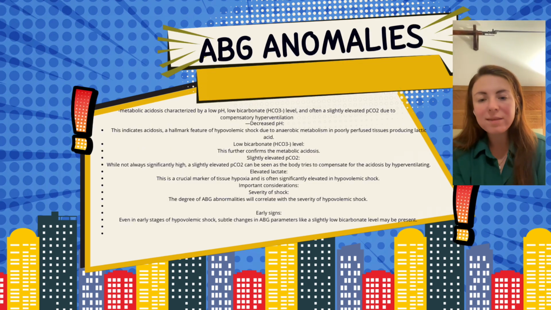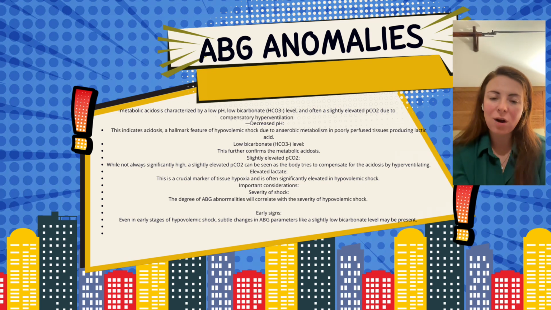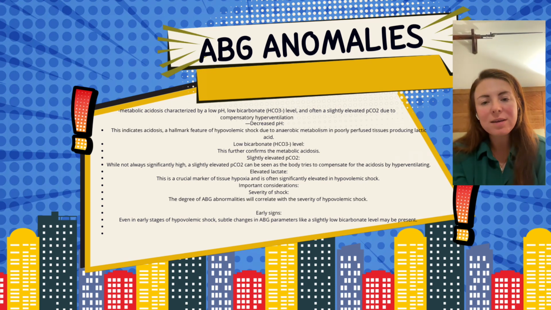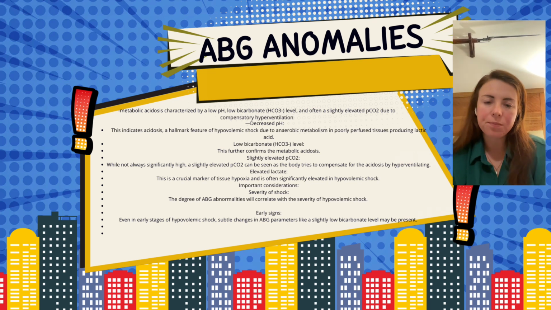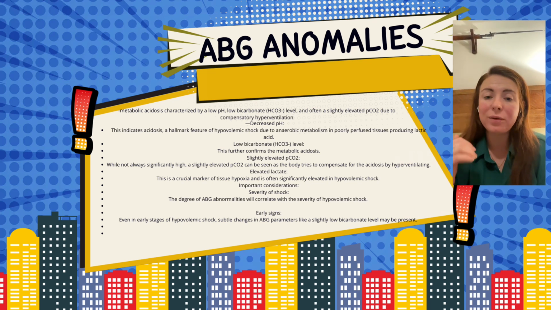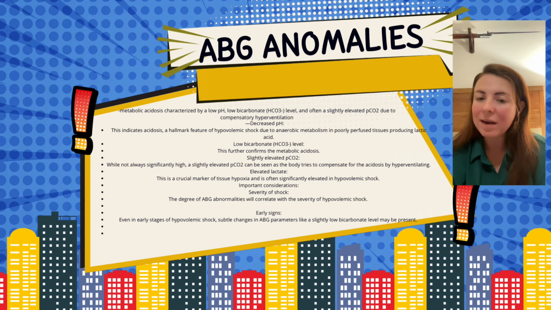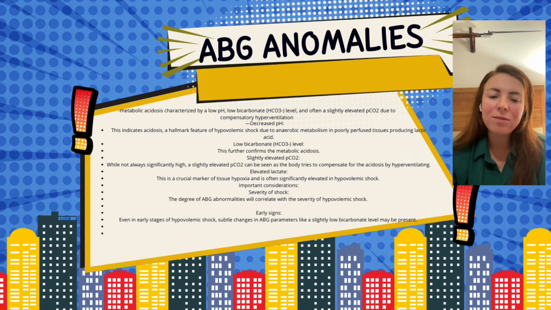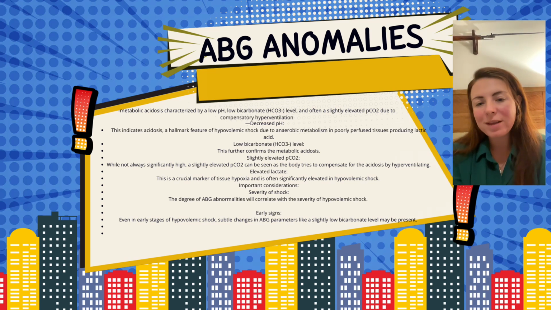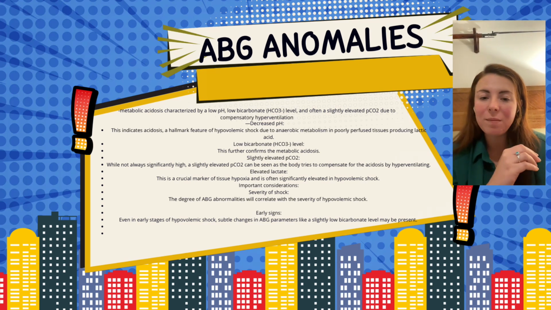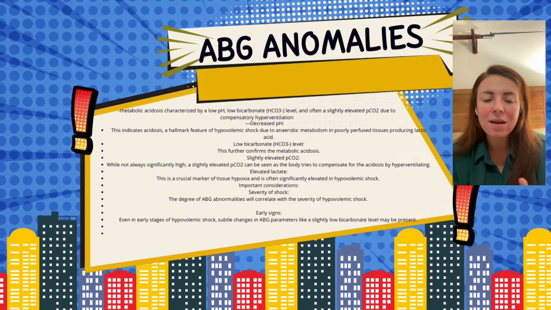So often what we can see in hypovolemic shock is a metabolic acidosis. Obviously, the patient's pH will be decreased, showing that they are acidotic, and they'll often have a decreased bicarb. Sometimes their CO2 will be elevated because the body is trying to compensate.